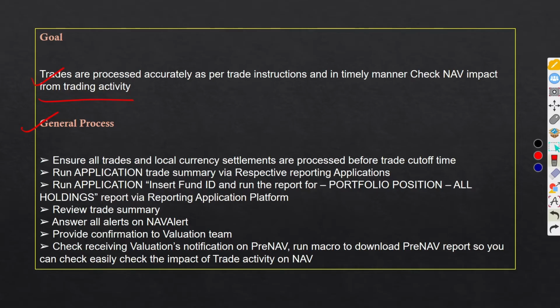Run a macro to download the pre-NAV report, so you can easily check the impact of trade activity on NAV. That's how you need to follow all the checks while considering the projection of trade processing activities in the NAV process.